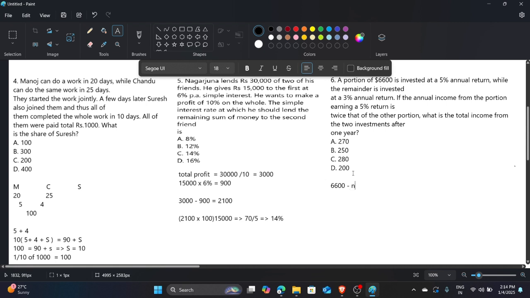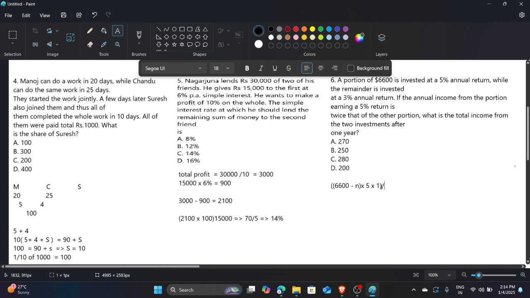I simply use the formula of simple interest, and the 5% rate, the time is 1 year. Okay, time is 1 year.